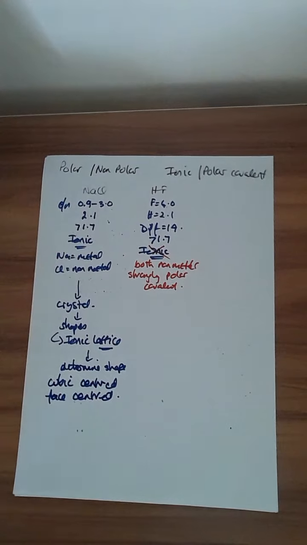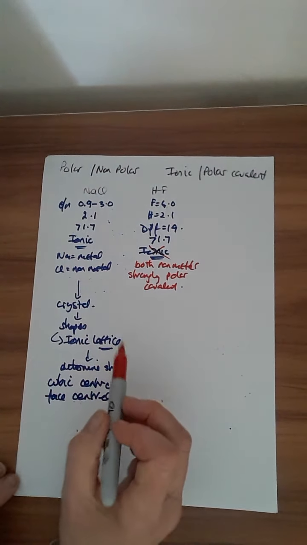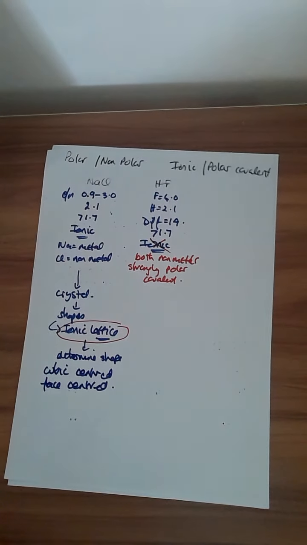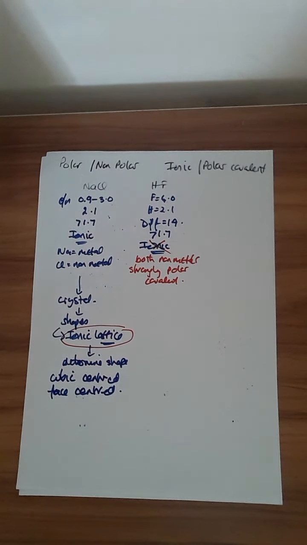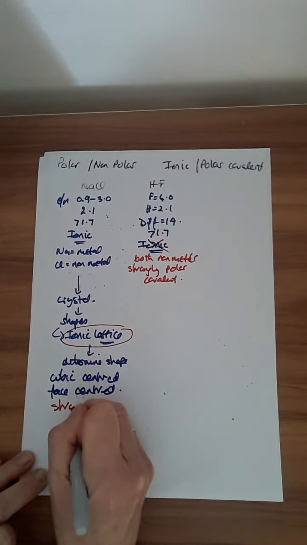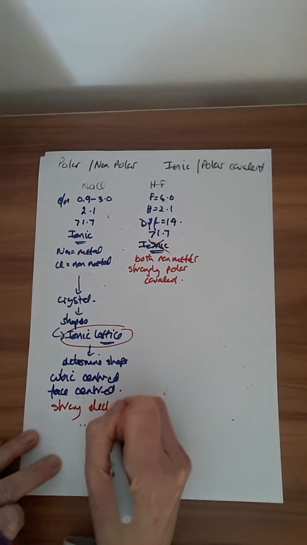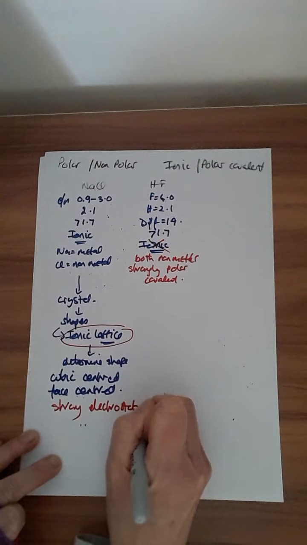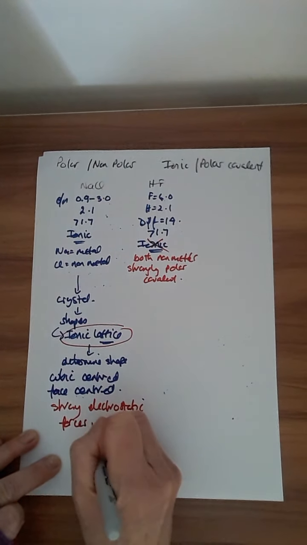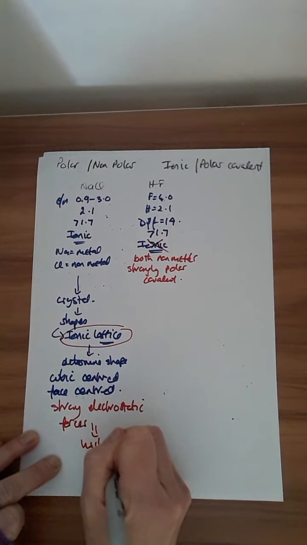All we need to know is that an ionic compound's structure is a strong ionic lattice, and because you have such strong electrostatic forces between the elements in an ionic lattice, this gives you very high boiling points.